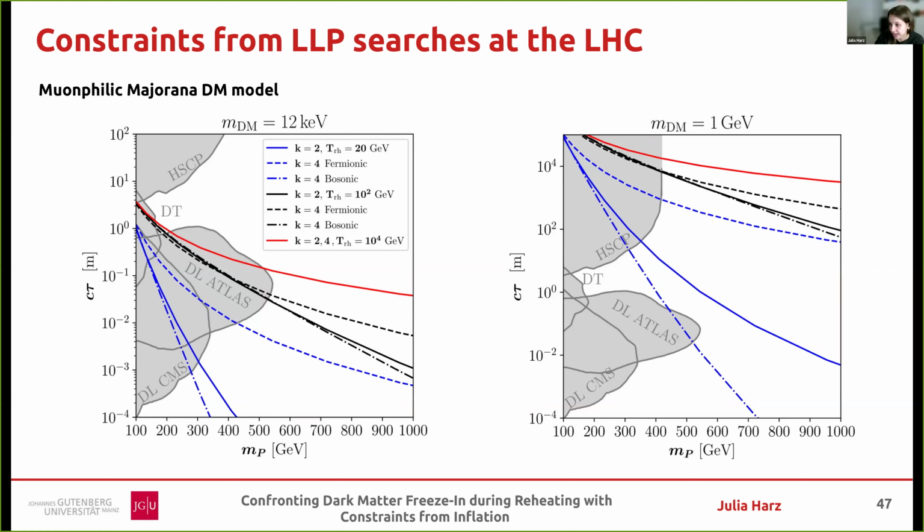But now I say, if I have a certain underlying inflationary model, I get a lower bound on the reheating temperature due to the lower bound on the spectral index that I'm getting constrained from Planck. And then I cannot choose the reheating temperature randomly anymore, because I simply know that not all values are allowed anymore.